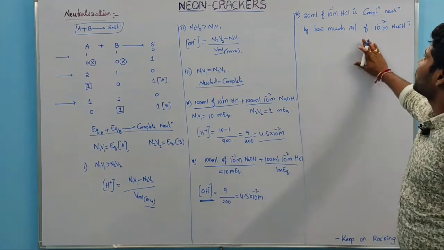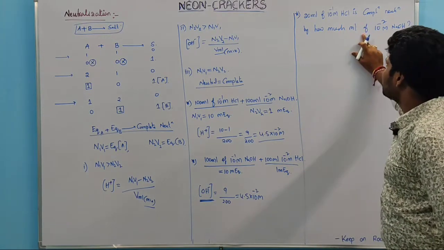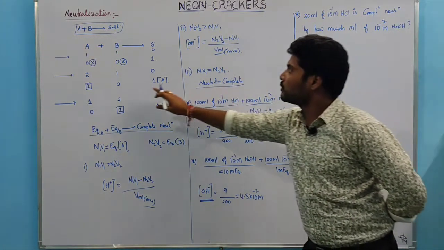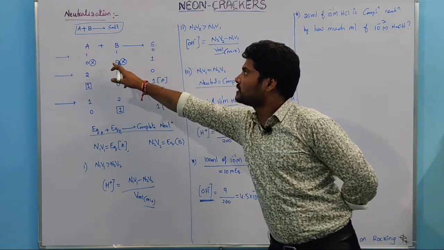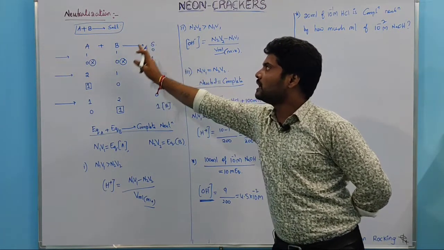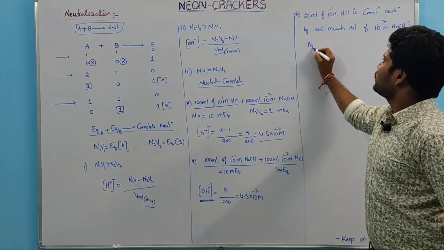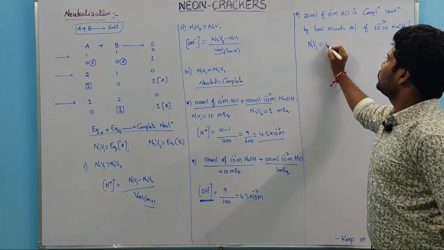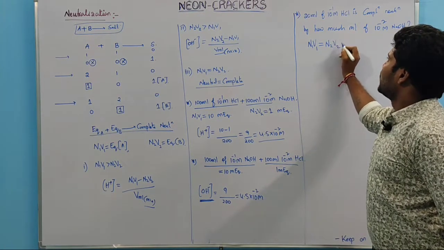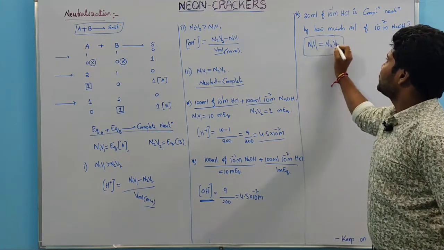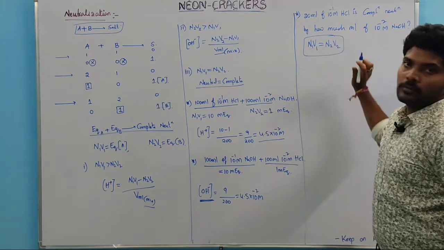So this is how to find the neutralization. If it is completely neutralized, what does it mean? Milliequimoles of acid should be equal to milliequimoles of base. That is indirectly N1V1 equals N2V2. Of course, either volume in liters on both sides or ml on both sides, whatever.